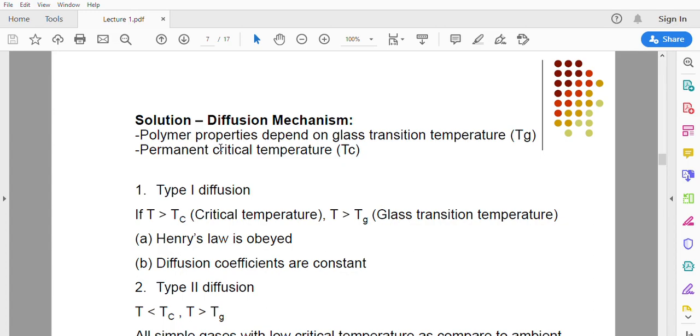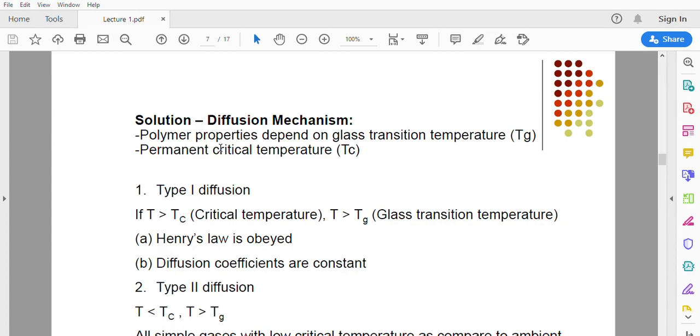But if the environment temperature is higher than the critical temperature of that material, then you cannot condense the gas by simply increasing the pressure without changing the temperature. Suppose air: you cannot liquefy the air by simply increasing the pressure of the gas.